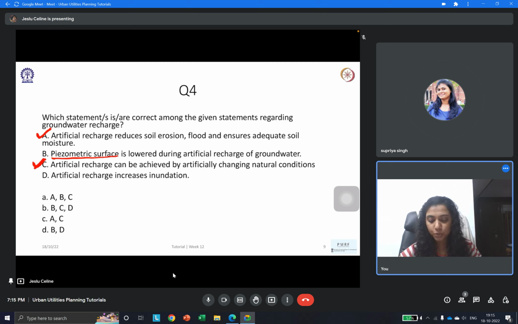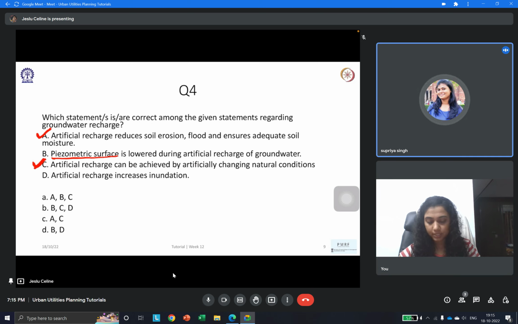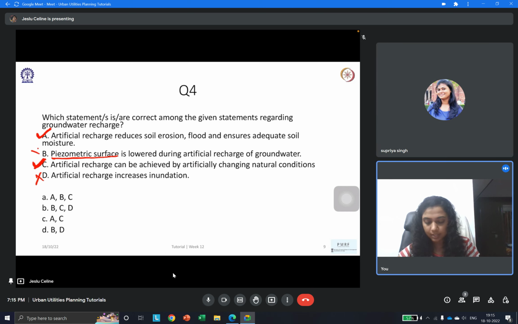Now option D, artificial recharge increases inundation. This is wrong. It decreases the inundation. Exactly. It's similar to what we saw in option one, just the opposite. So B and D are wrong. Okay, they have asked for the correct answer. So A and C is the answer.